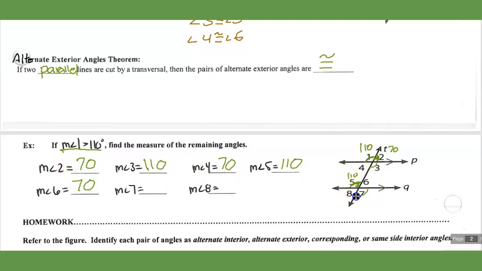Measure of angle 7 looks like it's a vertical angle to angle 5. We also know 3 is 110. So 7 and 3 are corresponding angles. That makes that 110. And angle 8, how about alternate exterior angles? We know that they're going to be 70.